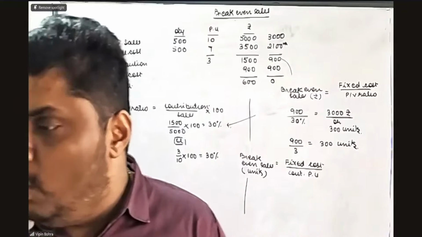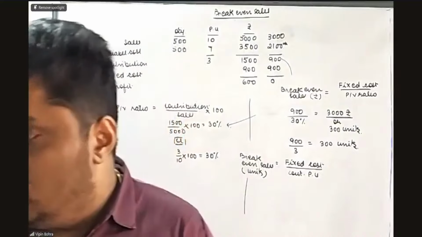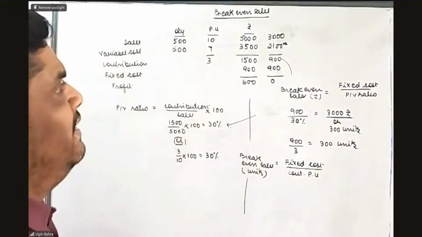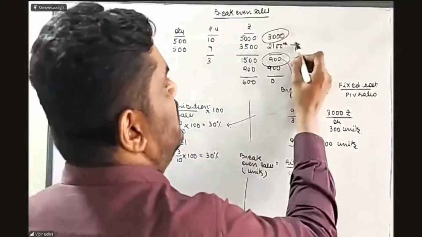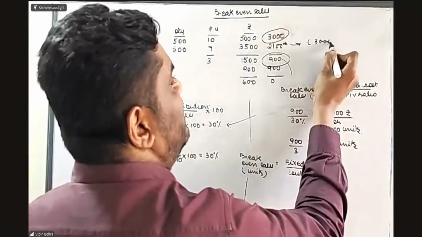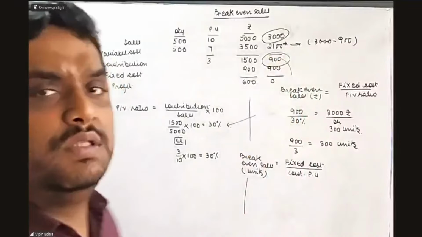I have considered both the variable cost and the fixed cost. Kushbu Kumari, 300 is my sales, 900 is my contribution. So 2100 will be what? 3000 minus 900. This is my balancing figure, variable cost.